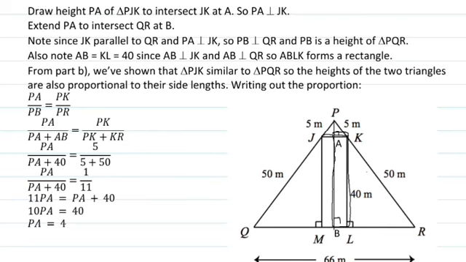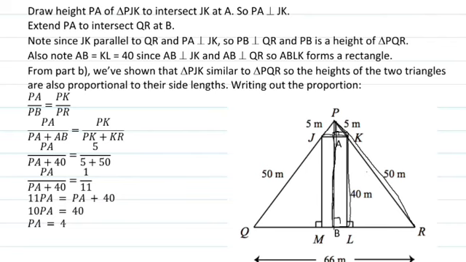So the heights of the two triangles are also proportional to their side lengths because they're similar triangles. So let's write out that proportion. We have PA, the height here, over PB, the entire height of the big triangle, should be equal to PK over PR, which is the proportion of the side lengths of the two triangles.